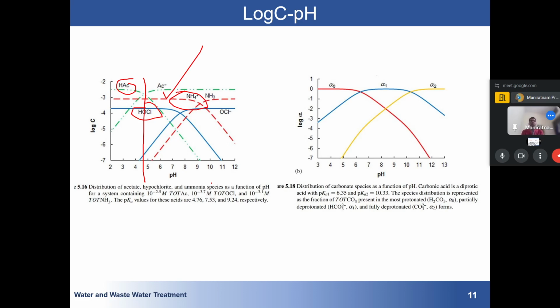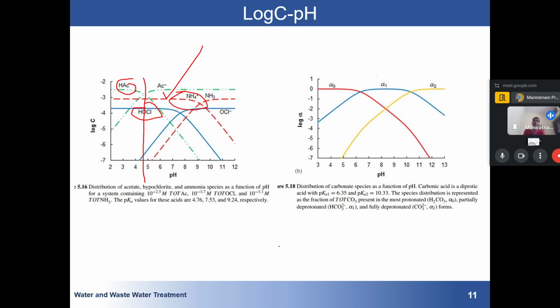Or there can be another situation where you know that the presence of ammonium will release ammonia. You don't want your system to release ammonia, so you will make sure that your pH is always below this 9.2.